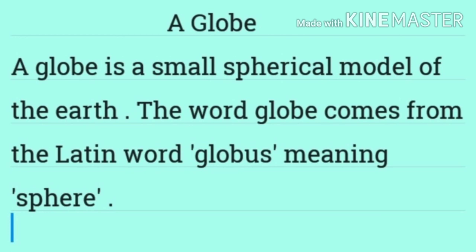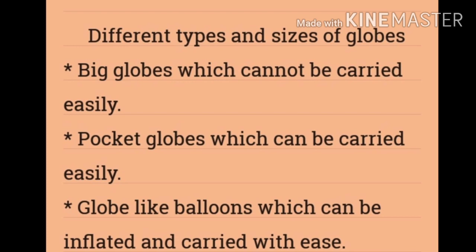So a globe is a small spherical model of the earth. The word globe comes from the Latin word globus, meaning sphere. It can be of different types and sizes.